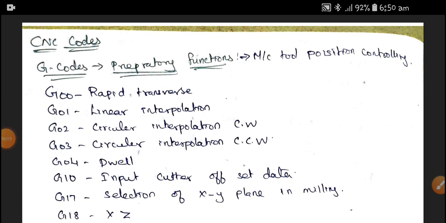Here we can say G codes start from G00 to G97, as I have given, and there is a lot more. G256 codes can be used for Numeric software.